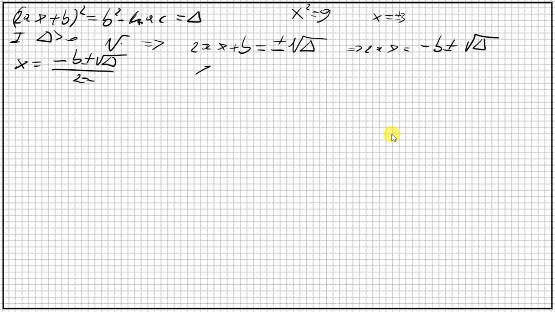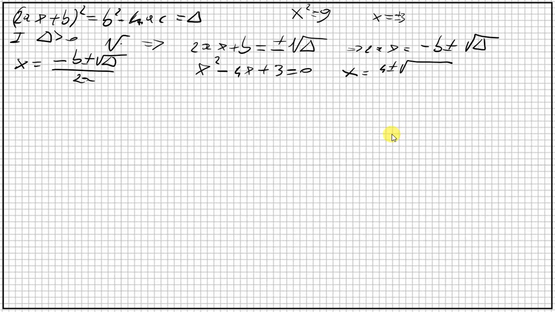So for example, if you have this equation, x squared minus 4x plus 3 equal to 0, I could calculate x as minus b, which is 4, plus or minus square root of delta.